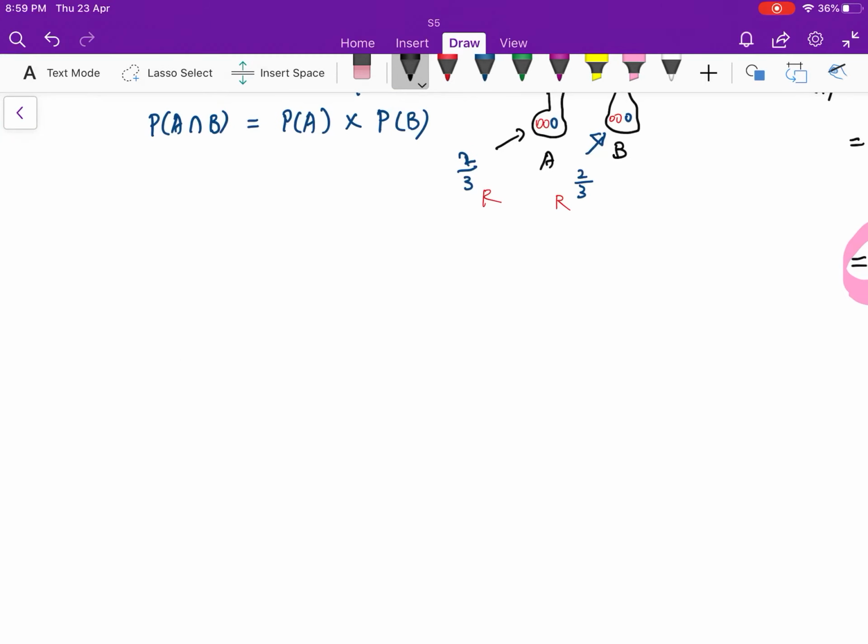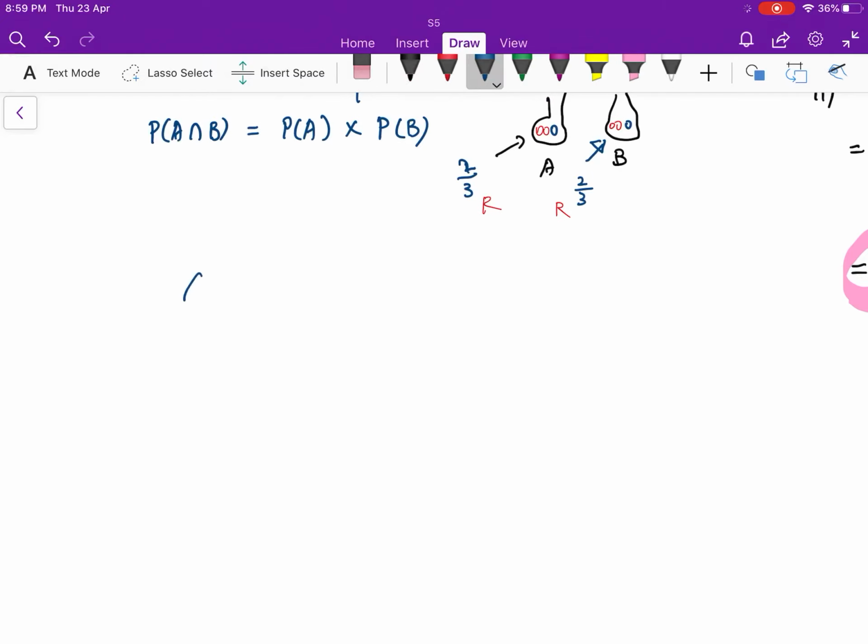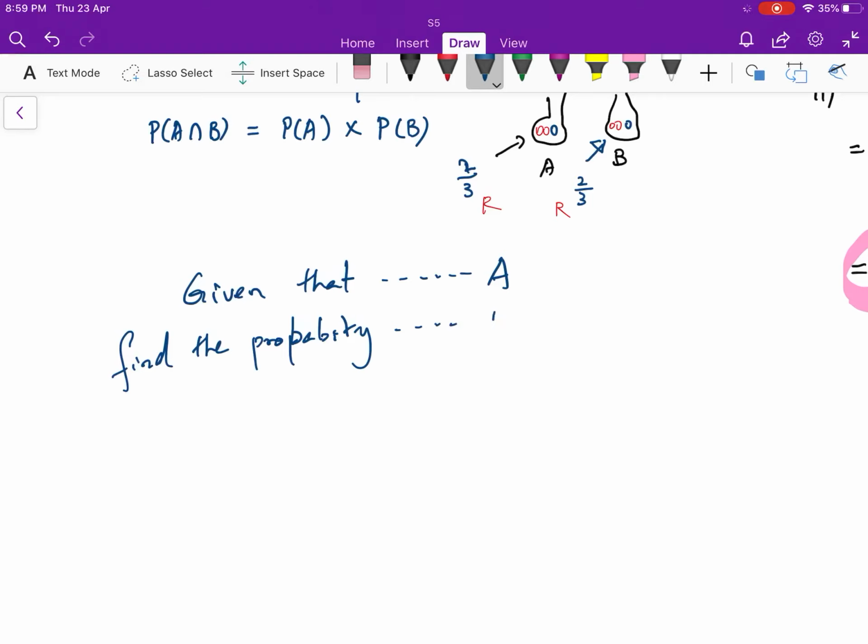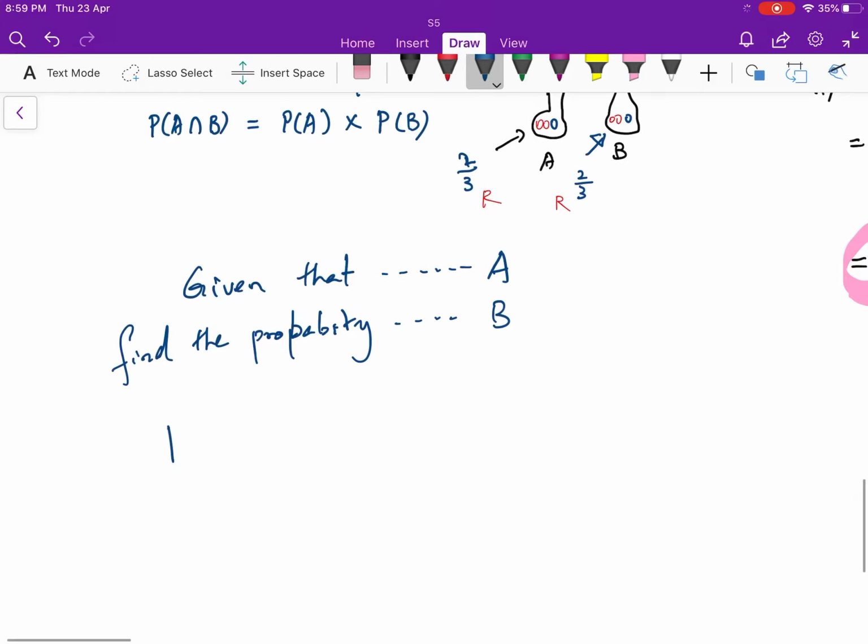So in this session, what you need to learn is that conditional probability uses the wording "given that", okay? Given that, this is the event A, if they ask you to find the probability of the event B, how can you write down your conditional probability formula?